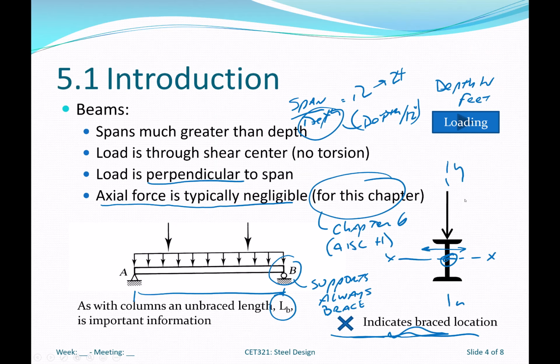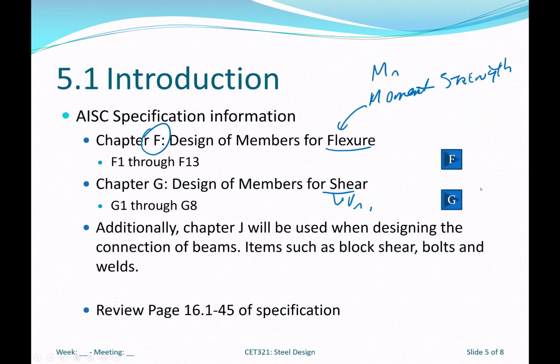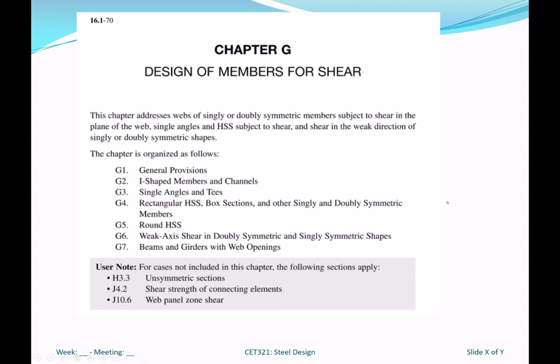Okay, and then chapter G for shear, right? Again, we'll mainly deal with just G1 and G2. Okay, notice this starts to reference chapter J, which is on connections.